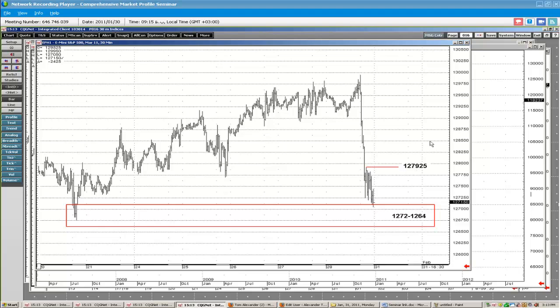My best guess on a loose stop, if you want to really hold this trade, is probably somewhere around 88 to 90. That's the area from where the market really broke down.